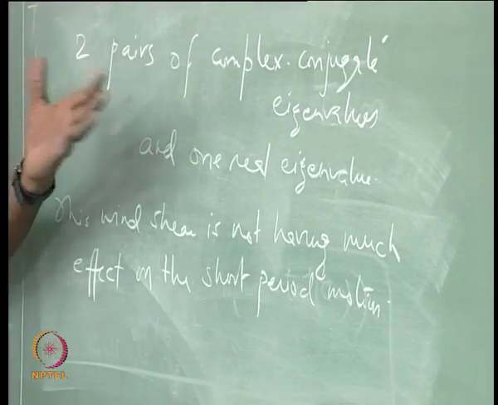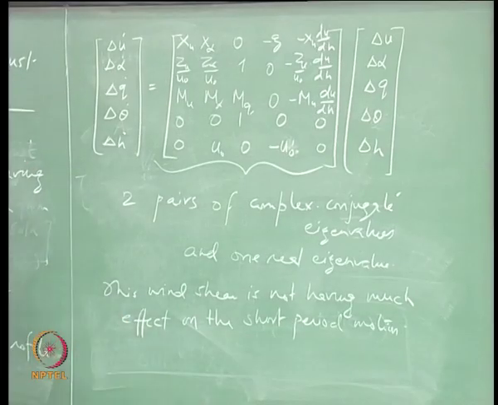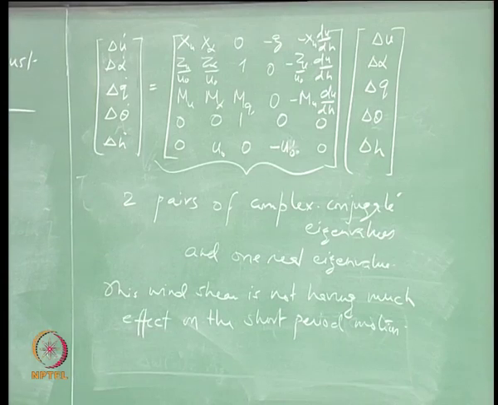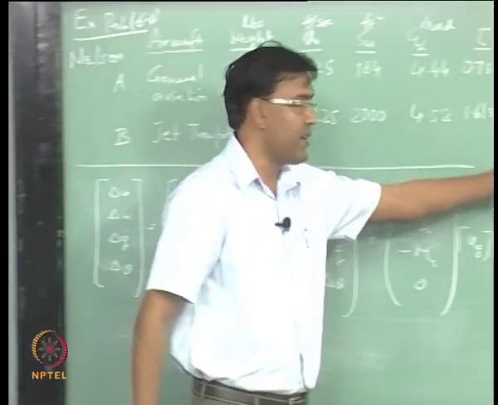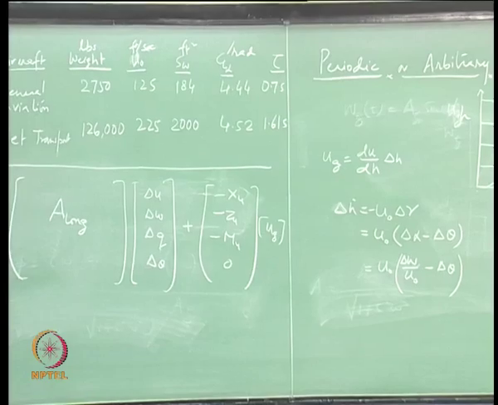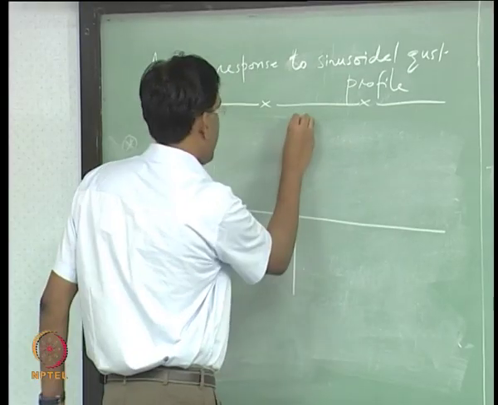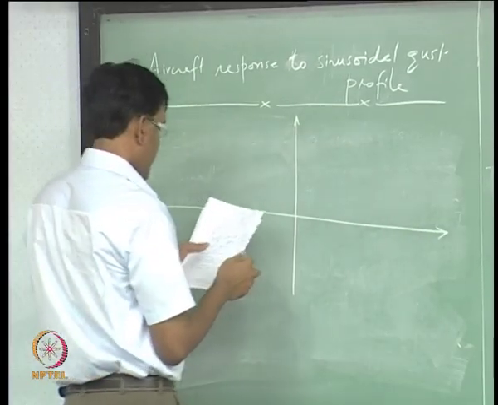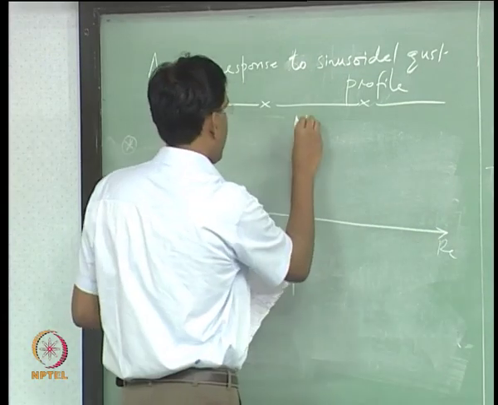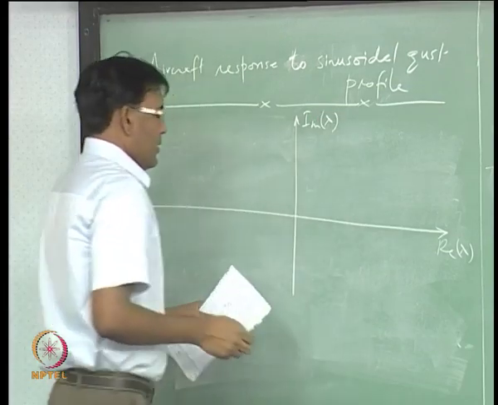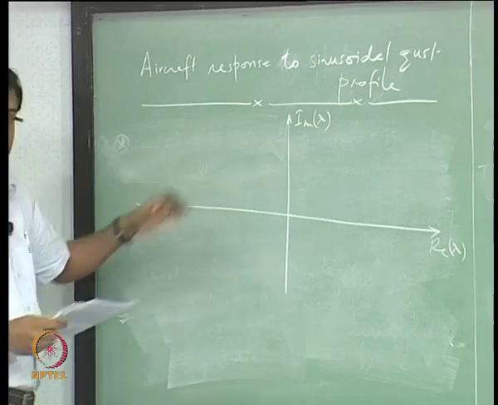But it will have an effect on the Phugoid motion, and if you want to plot how Phugoid mode eigenvalues are moving in the complex plane when you change this gradient, then what you get is, so here I am plotting the Phugoid mode eigenvalues.